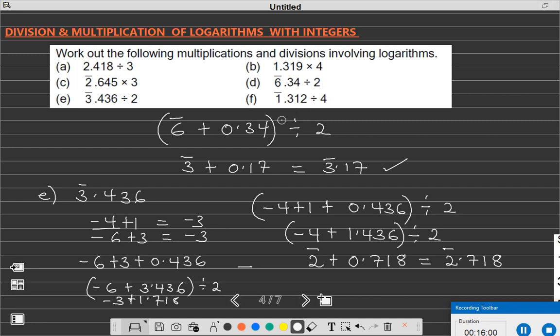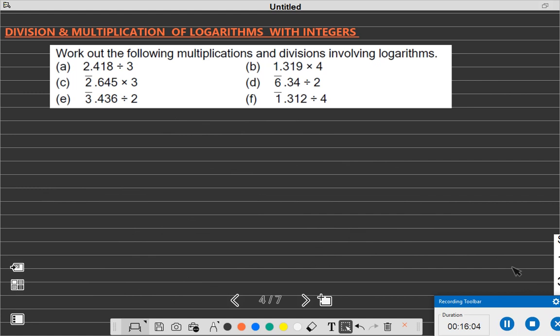Lastly, we are going to look at F. So let us have 1 bar 0.312 divided by 4. So again, you can see that this is a negative and it is not a multiple of 4. So 4 cannot go into this. If it is a positive, we don't make any changes.